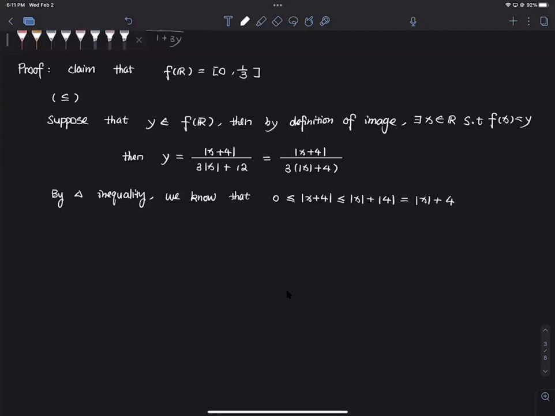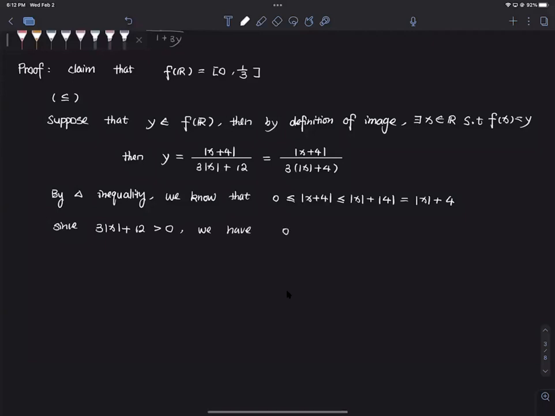And also since 3 times absolute value of x plus 12 is positive, we can divide by this on all 3 sides.